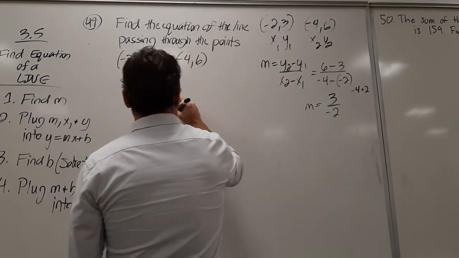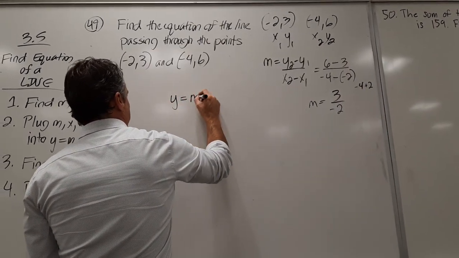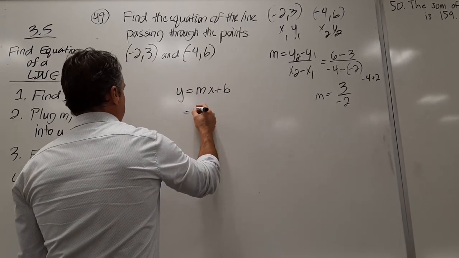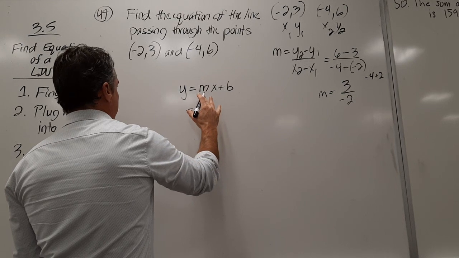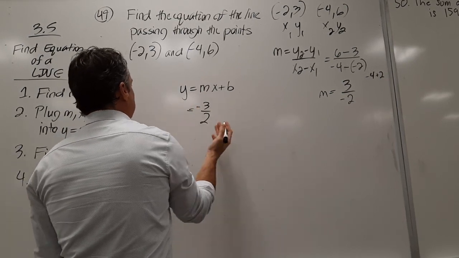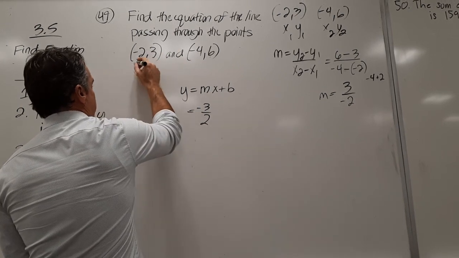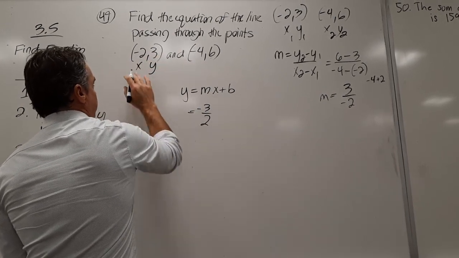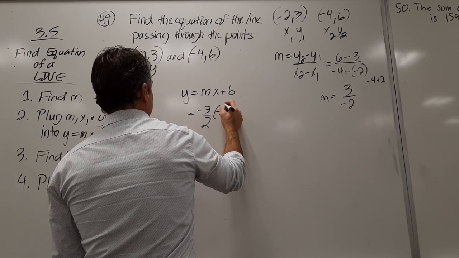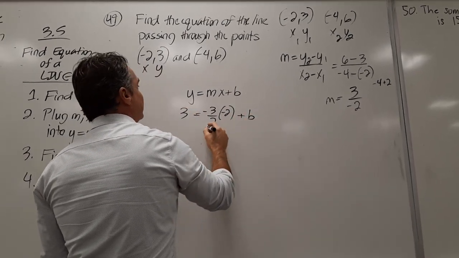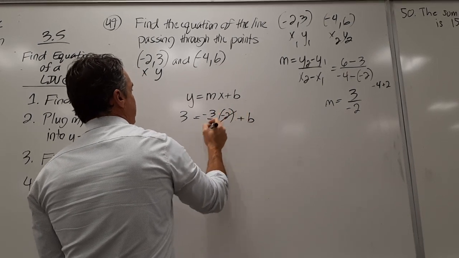Now, we have to take y equals mx plus b, and we got definitely -3/2. So what are you going to plug in for y and x? Well, we're going to pick one of these two. We could say this is x and this is y. If that's x, then we have -2 there. If that's y, then we have 3 over here, and we have plus b. These cancel. And the negative and the negative make a positive.